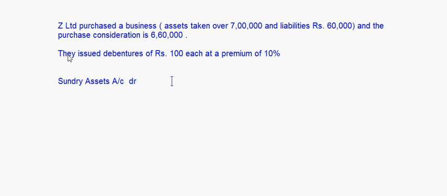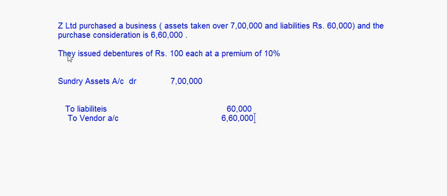Sundry assets account debit is 7 lakh, right? And two sundry liabilities, is 60,000, okay? And here you will have two vendor account, which is 6,60,000.